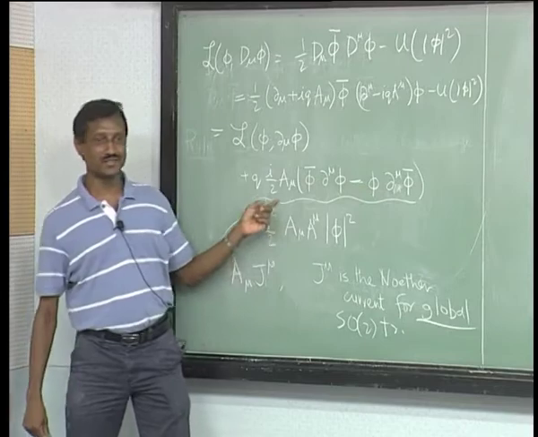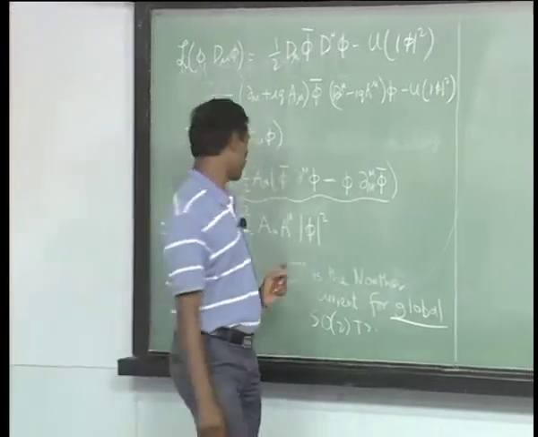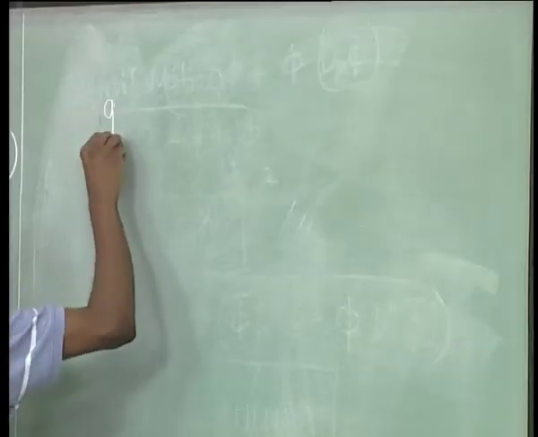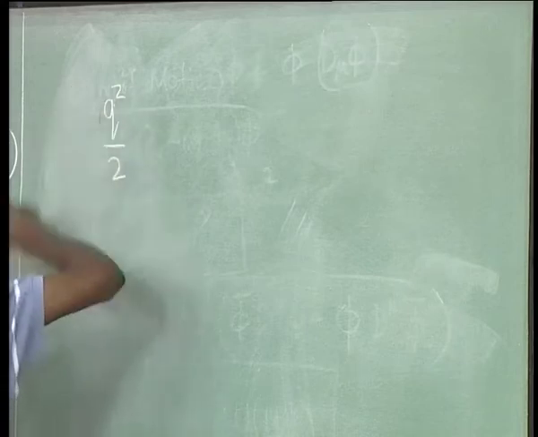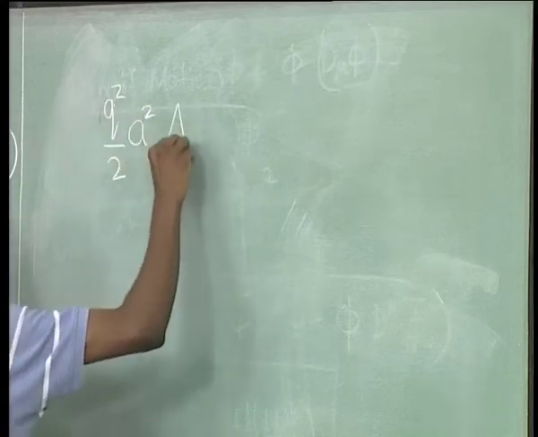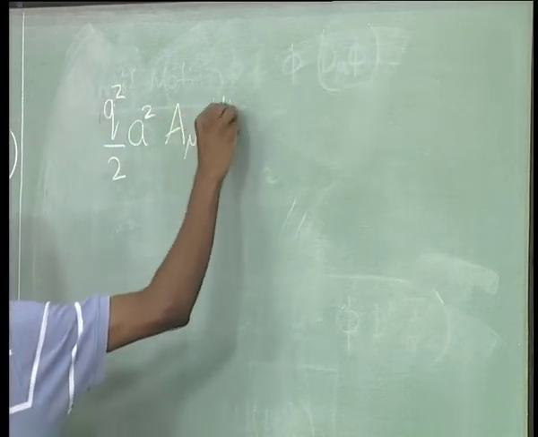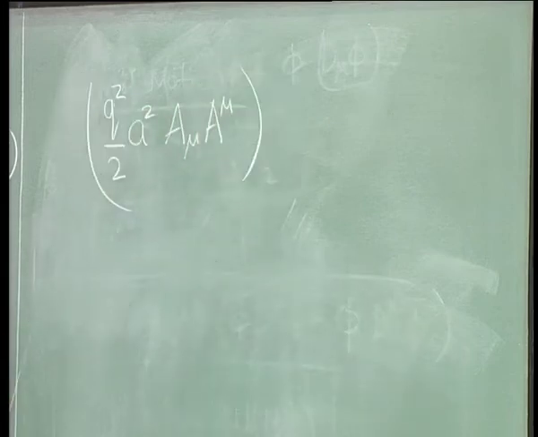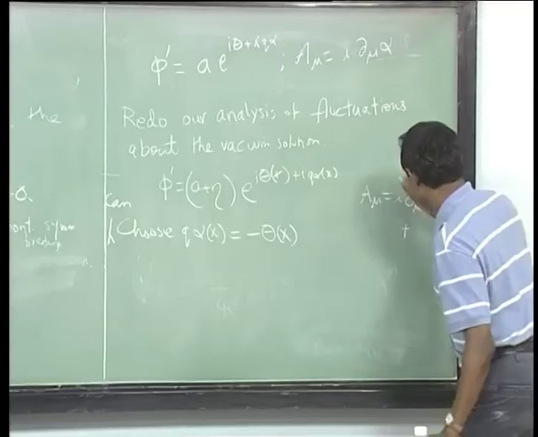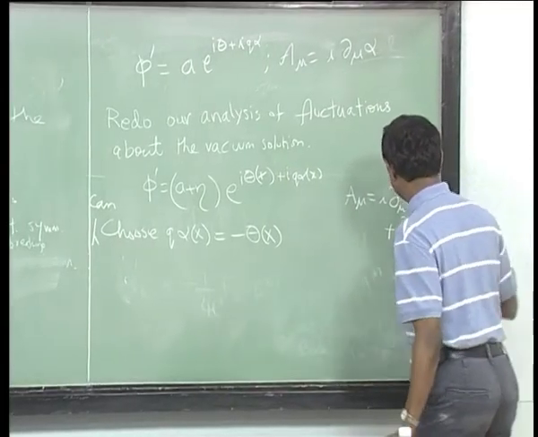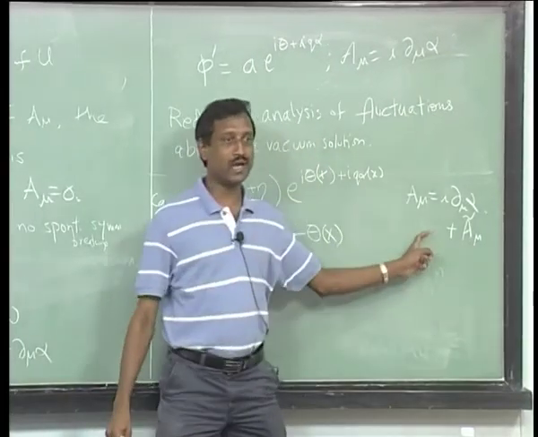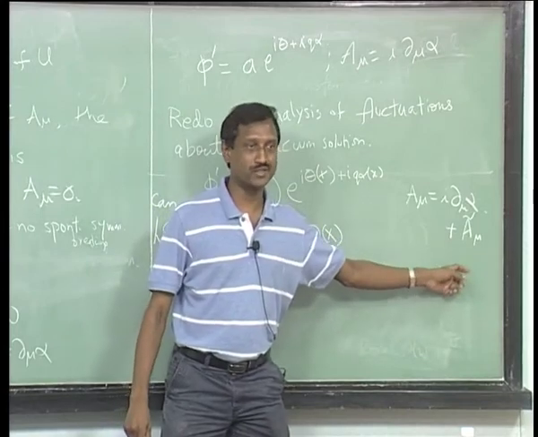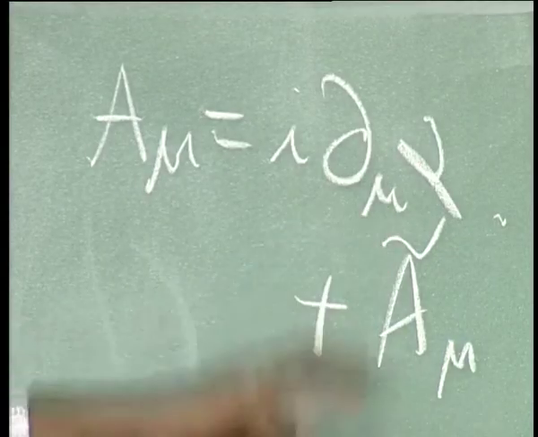So, this term vanishes, but this will remain, and we can expand this out and we get the crucial thing. Okay, A mu is not zero, by the way. I will have to add fluctuations even for this. So, this part will be there.